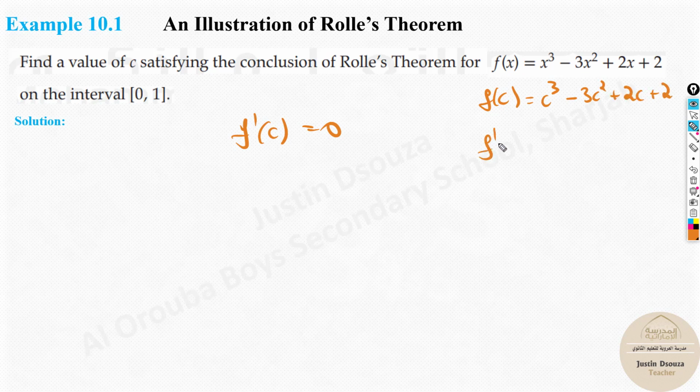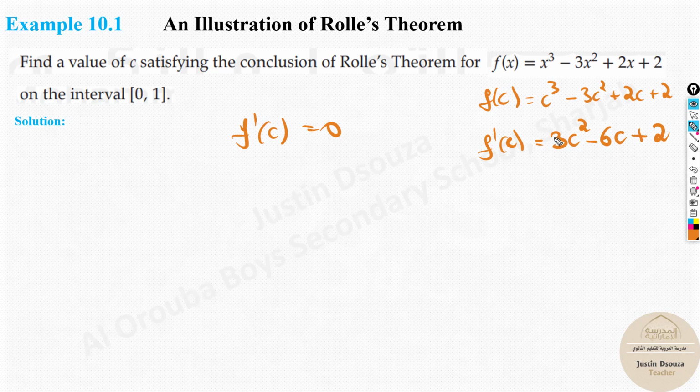And the derivative of this: by the power rule, 3 comes down with c to the power 2, minus 2 multiplied by 3 gives 6c to the power 1, and plus 2 has derivative 0.